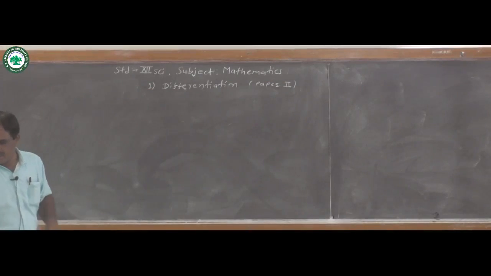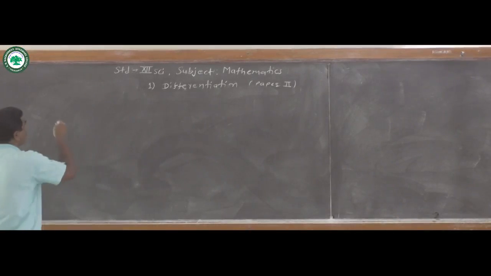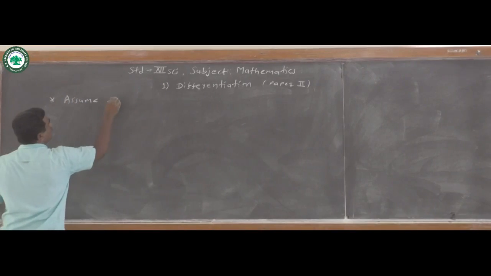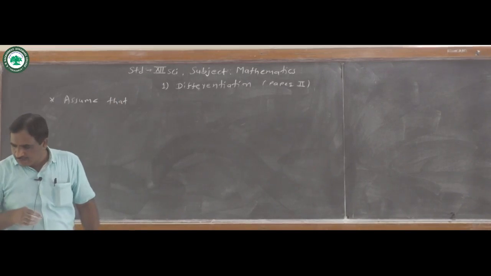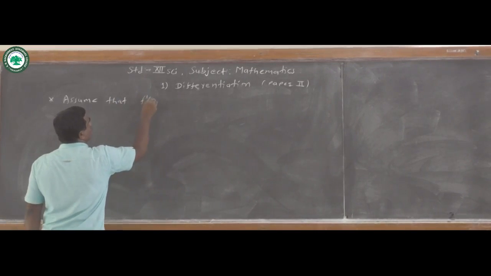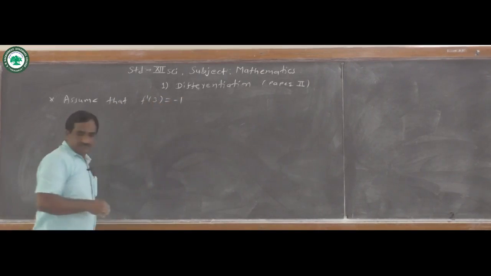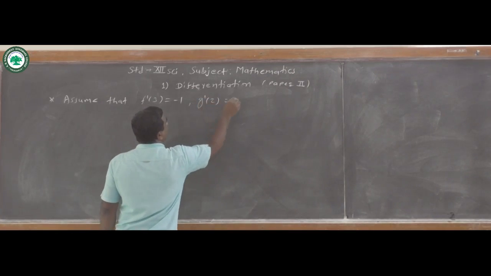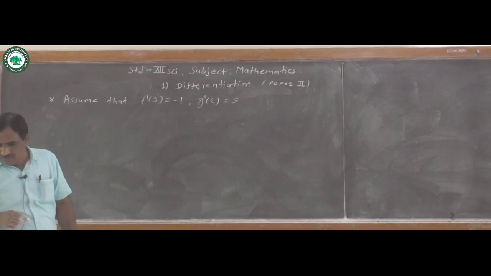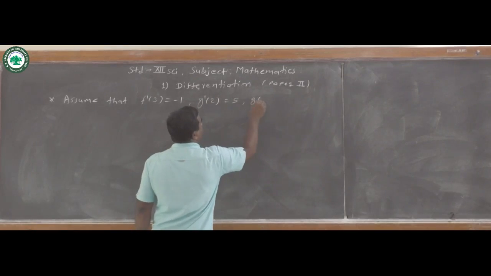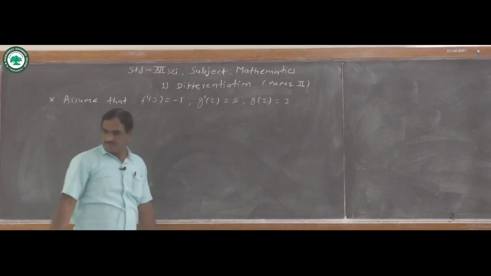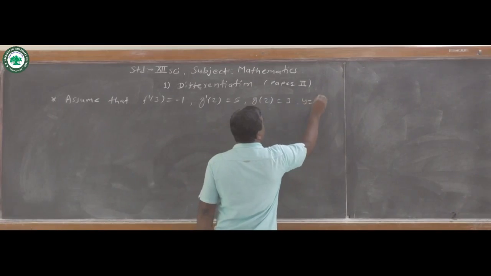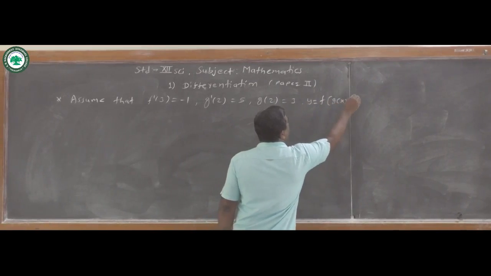Now next example is, assume that f dash of 3 equal to minus 1, g dash of 2 equal to 5, g of 2 equal to 3, y is equal to f of g of x.